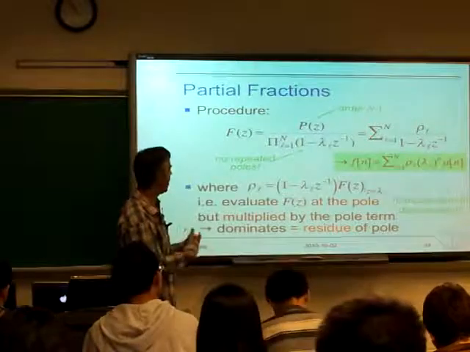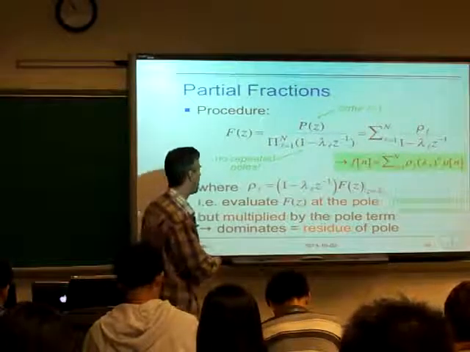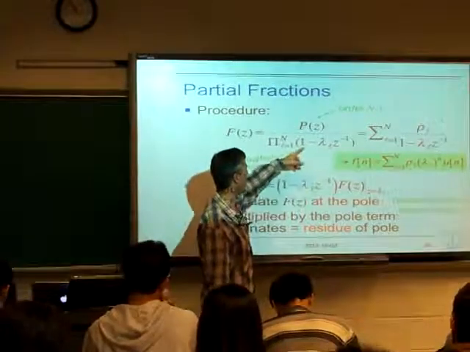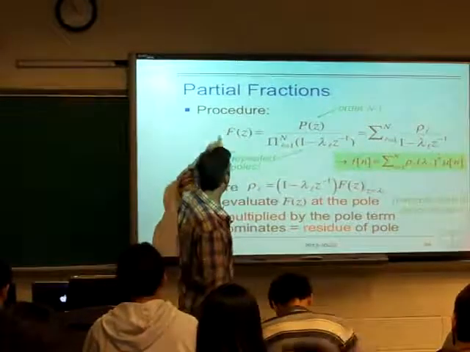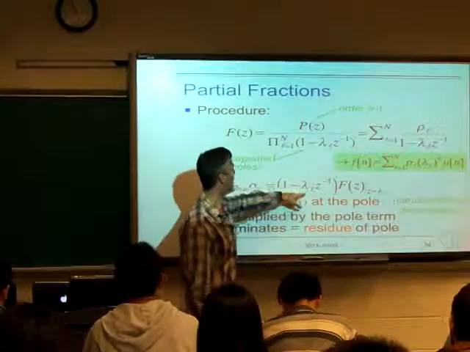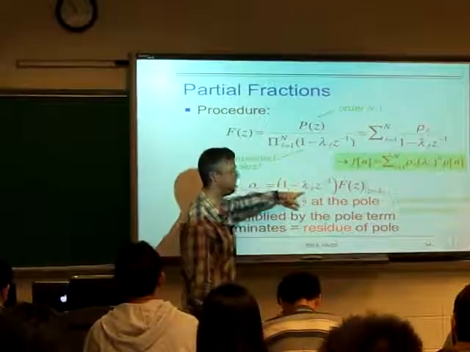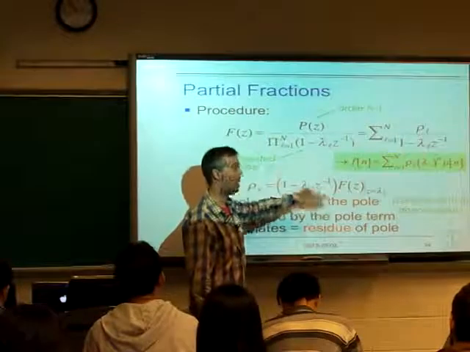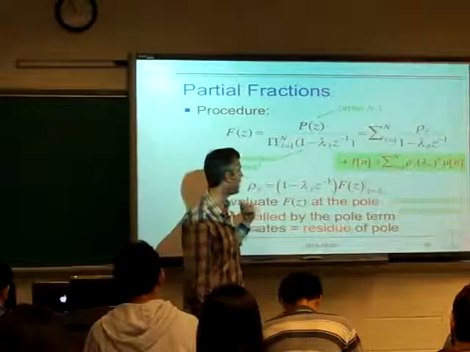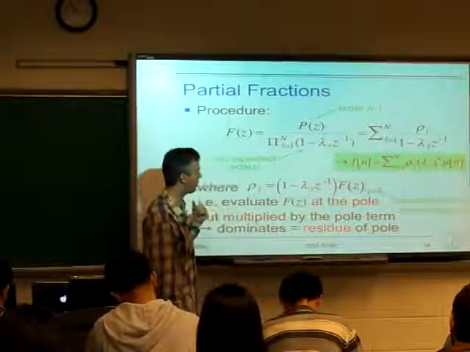And this is the partial fractions technique, which is that you basically evaluate the full expression at each value that would be one of the poles, after taking out the factor that would make it a pole.